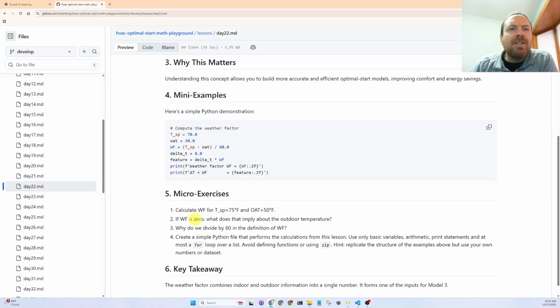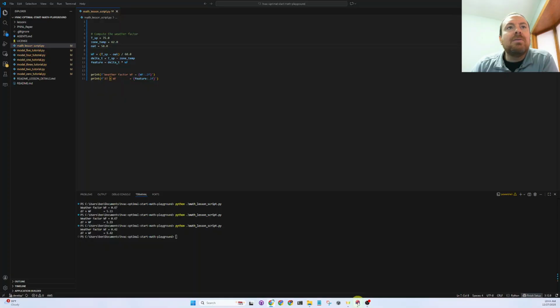So if weather factor is 0, what does that imply about the outside air temperature? If our weather factor computed to be 0, that would mean that these would equal out.